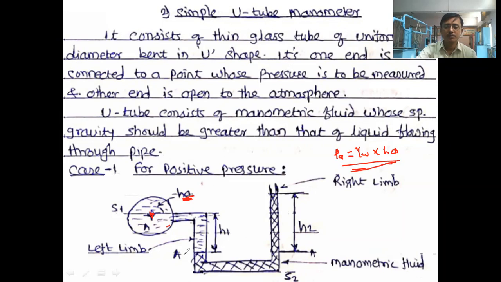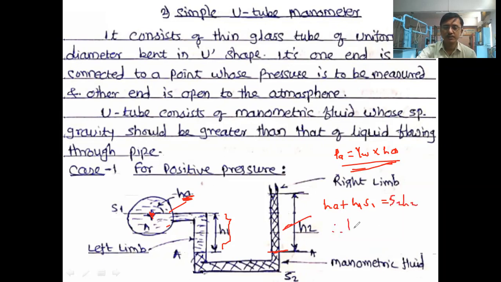Now here, under equilibrium condition, we can write HA, pressure head because of this pressure, plus pressure head of this particular column, H1 S1, must be equal to the pressure head at this datum generated because of this column, and it is equal to S2 H2.